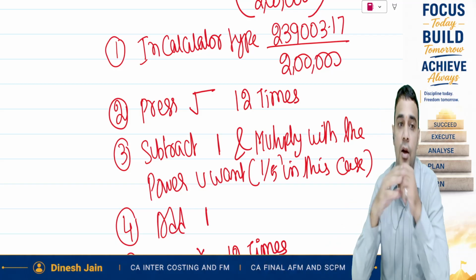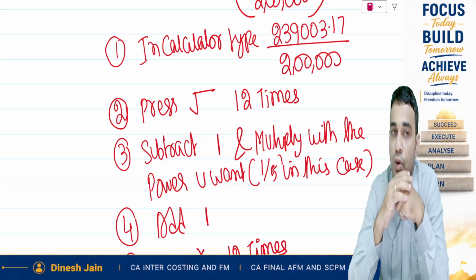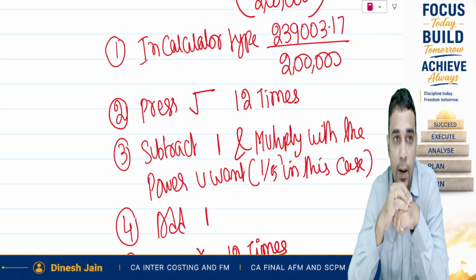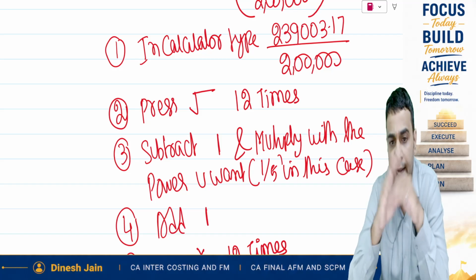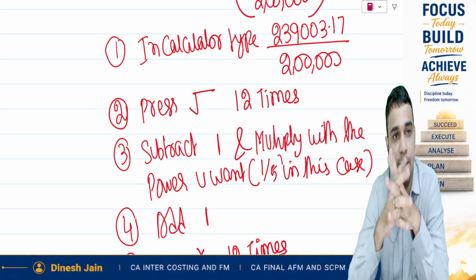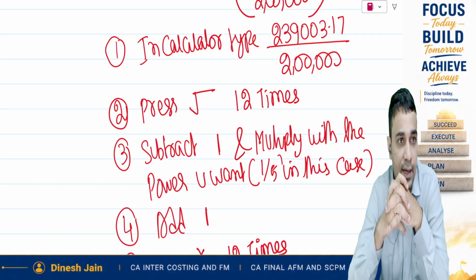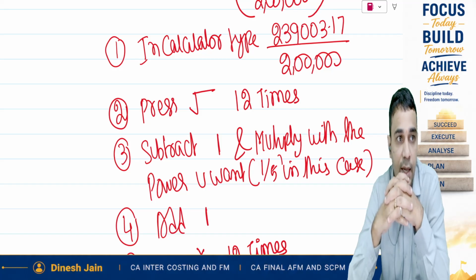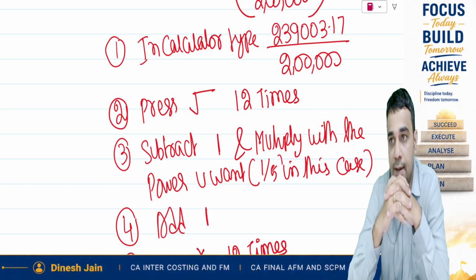I am getting 1.0363. Exact IRR here is 3.63%. You do it in Excel, it will give you the exact IRR. 3.63% is the exact IRR.